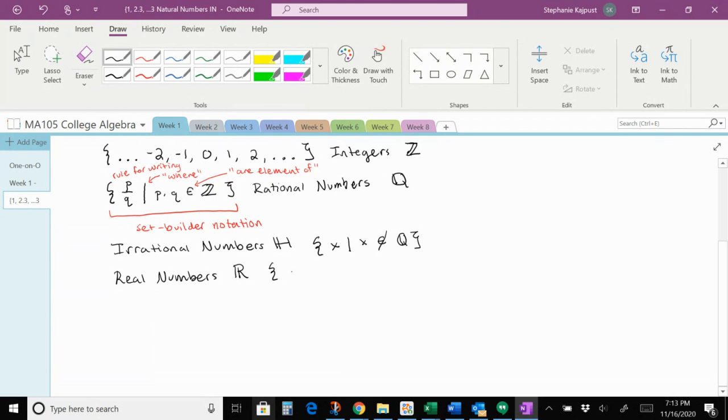And so what we could write is that it's just some number, we can call this X, where X is a rational number or X is an irrational number. It's basically one or the other. So that's one way that we can kind of write it as a set. So we're defining the number on the left, and then your rule is to the right of the line.